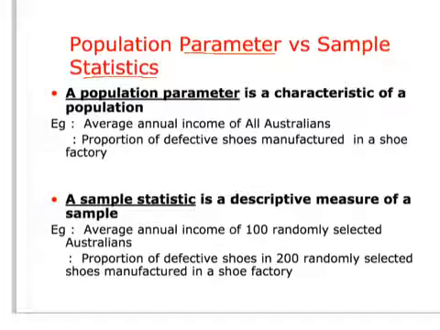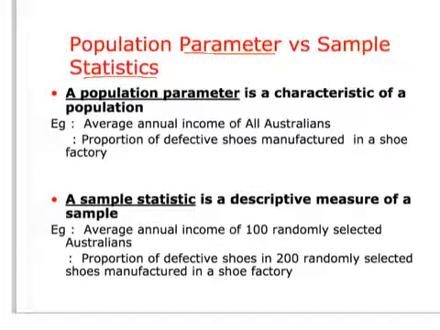I know previously we defined what is statistics, okay? But here I'm using statistics as a concept that defines samples. So once again, any information that you get from population, we call that a parameter. But information that you obtain from sample, we call that sample statistics.